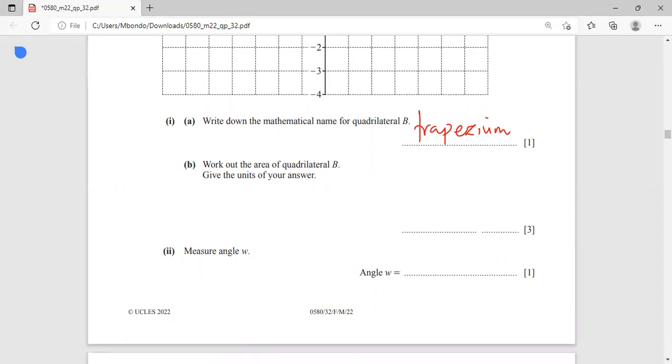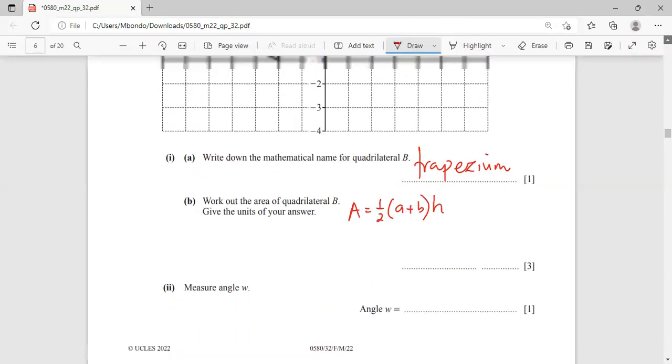Then work out the area of quadrilateral B. You need to know that the area of a trapezium is found by the formula 1/2 (a plus b), then multiplied by h, which is the height. a and b are the parallel sides.